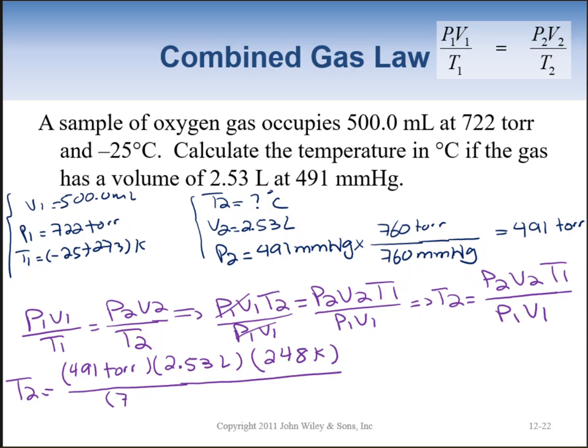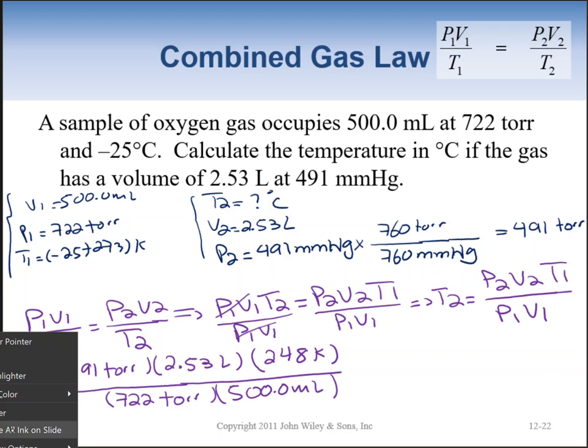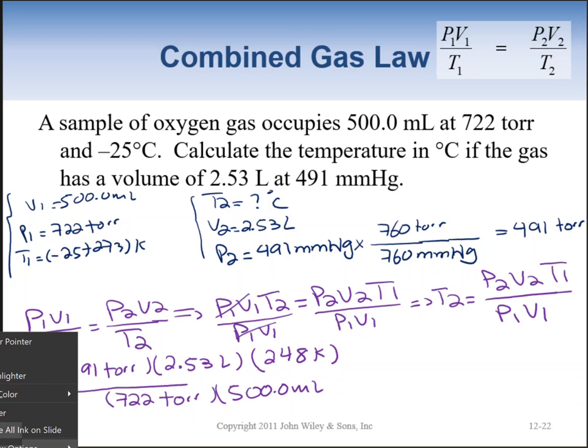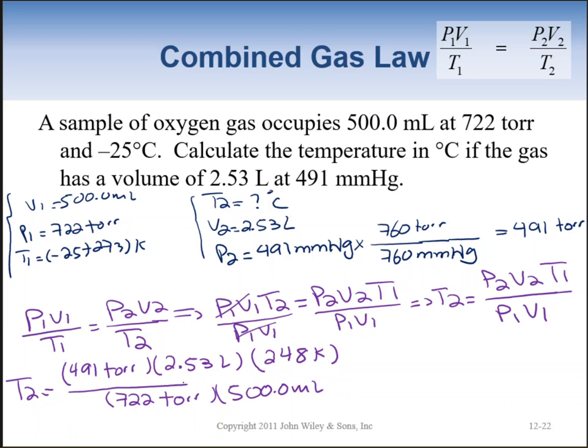P1 is 722 torr. And V1 is 500 milliliters. The volumes don't have the same unit. We've got to make sure that the volumes also have the same units on both sides. So each liter is 1000 milliliters.